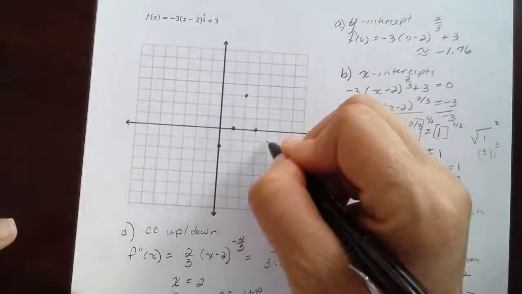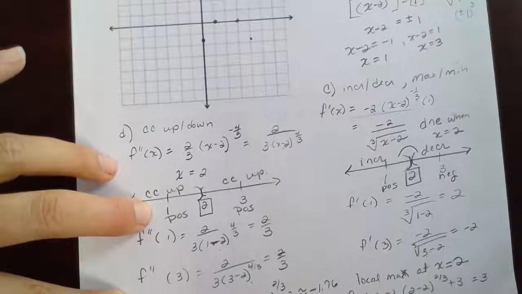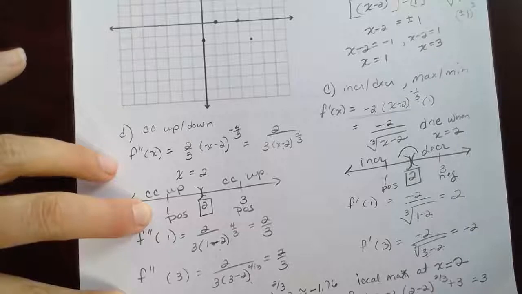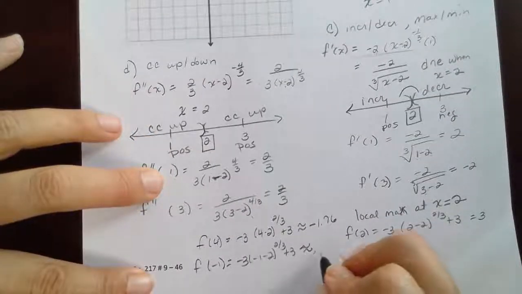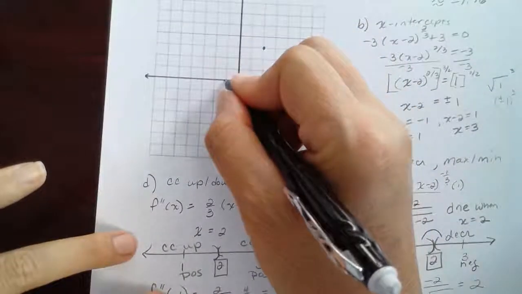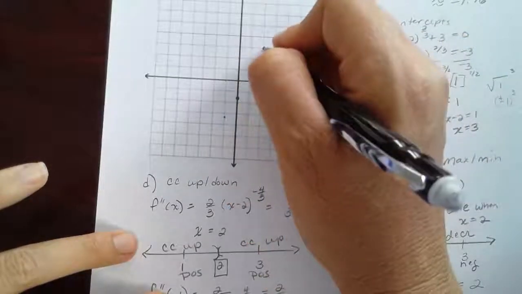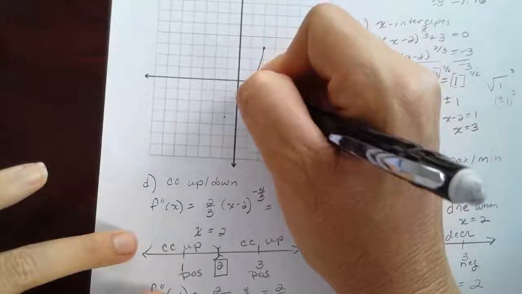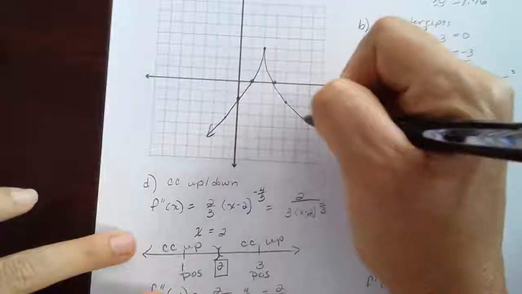So 4 over and negative 1.76 is here again. And f of, say, negative 1 is equal to negative 3 times negative 1 minus 2 to the 2/3 plus 3. In your calculator, it's going to be approximately negative 3.24. So negative 1, negative 3.24 is here. So this graph's concave up on both sides. Looking something like that.